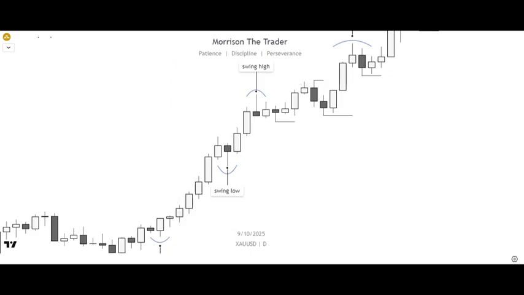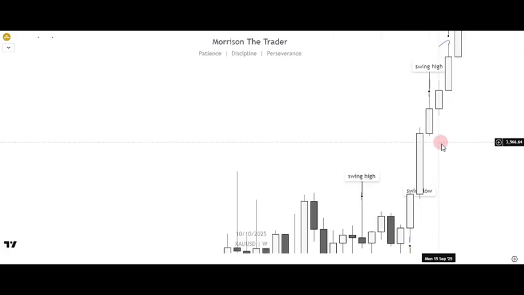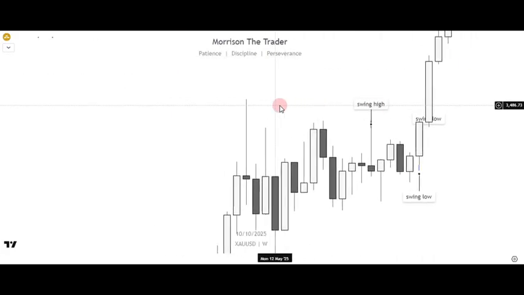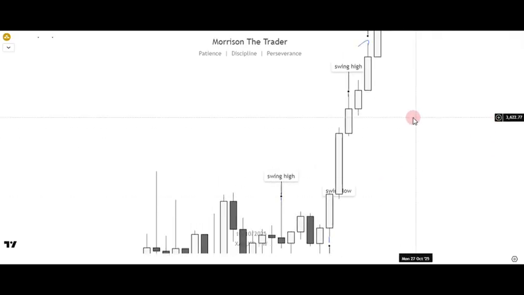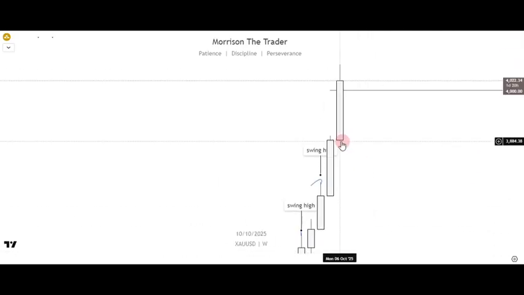If you go to the weekly time frame, the previous week's low or the previous week's high, this previous week high right here was what?